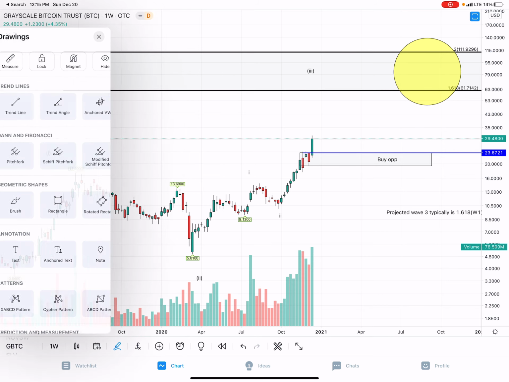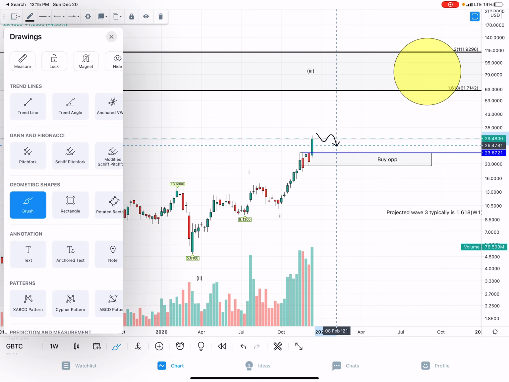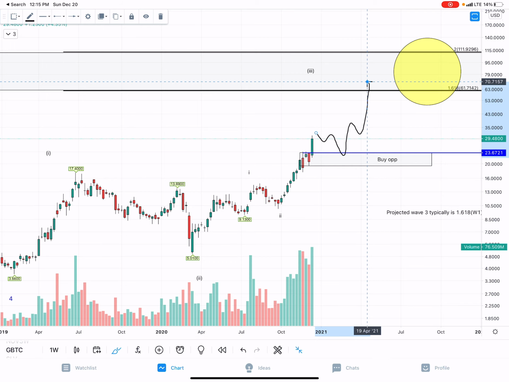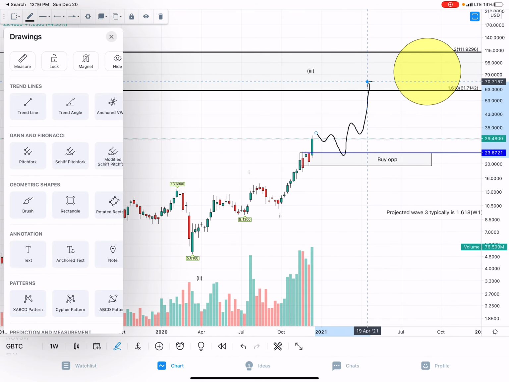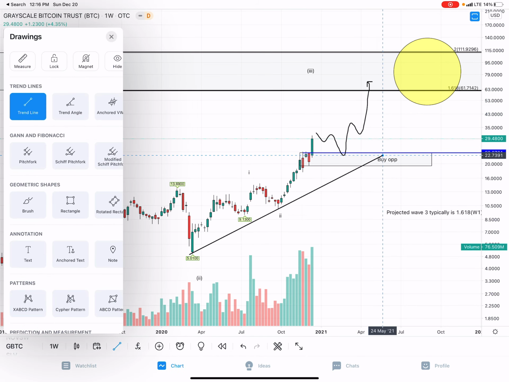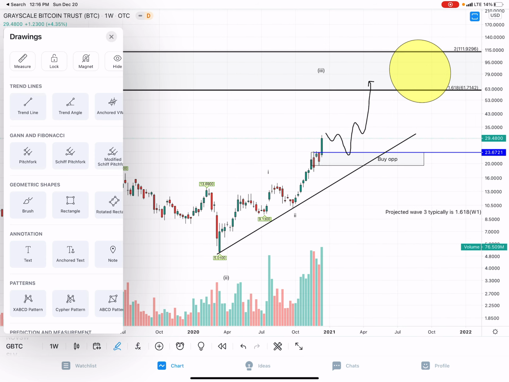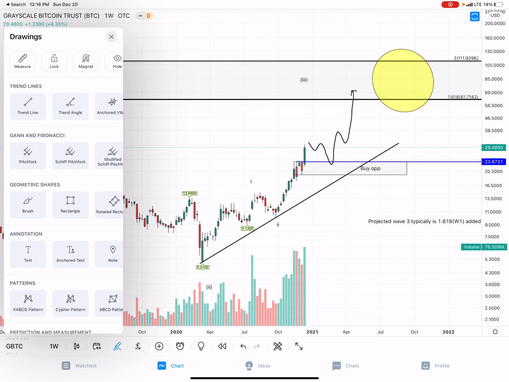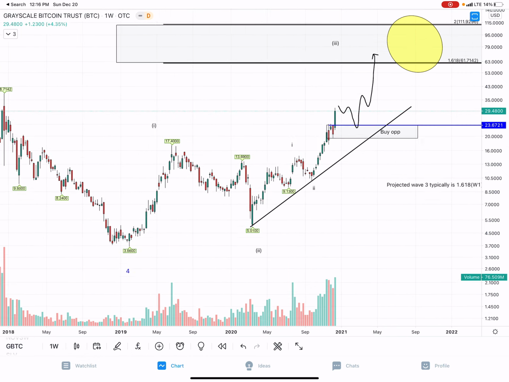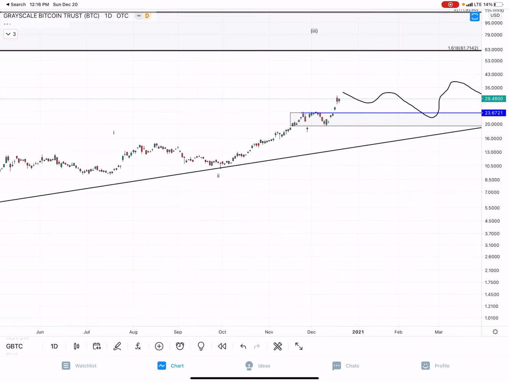So any pullback into here could be a potential buy opportunity for continuation up. Pretty strong trend here. This thing's trading pretty clean. 1, 2. So yeah, this is how I count subwaves. They work on all time frames.